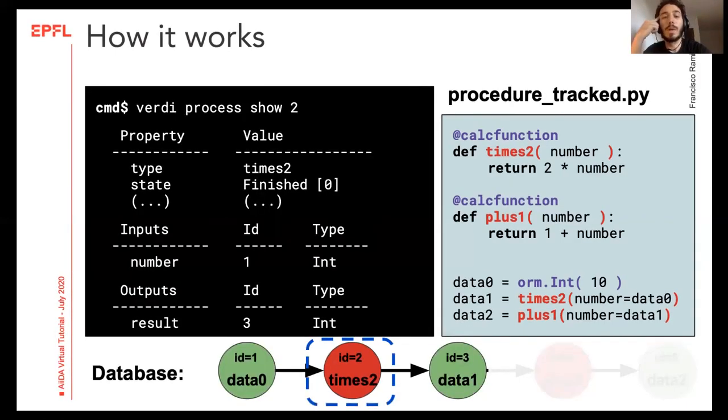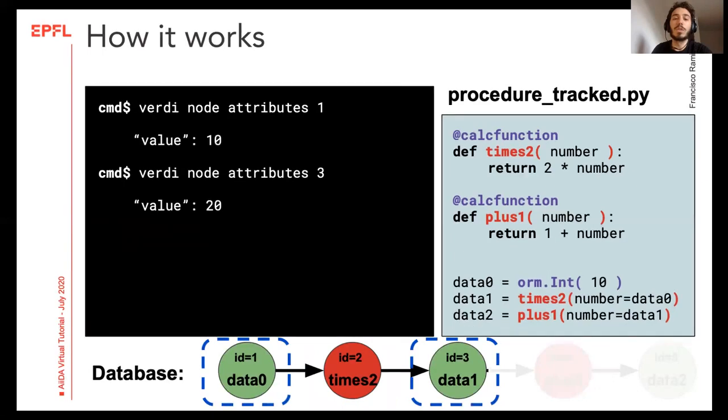and we could run verdi process show with that ID. And now we get even more information, including which are the inputs and the outputs and what are their IDs. So again, we also have a command that allows us to check the values stored inside of these data nodes, referenced by their ID numbers.